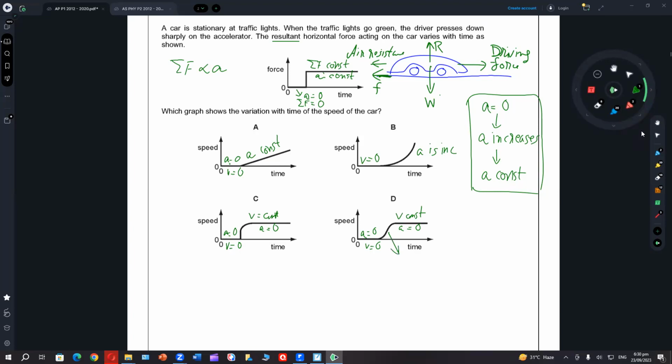That is right, this one part has a variable acceleration. So I need a graph which shows acceleration is 0, and in the end, acceleration is constant. So A, sir? A is the right answer. Very good.